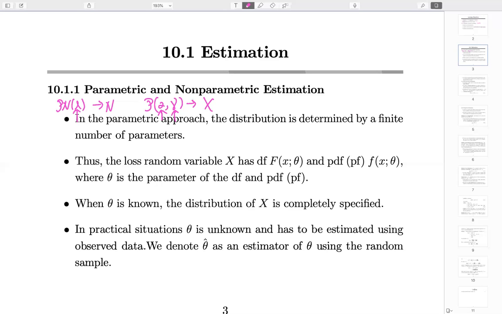Occasionally, we also deal with non-parametric estimation. A good example would be the empirical distribution. Let's say you sample n IID copies. You assume they have the same weight.